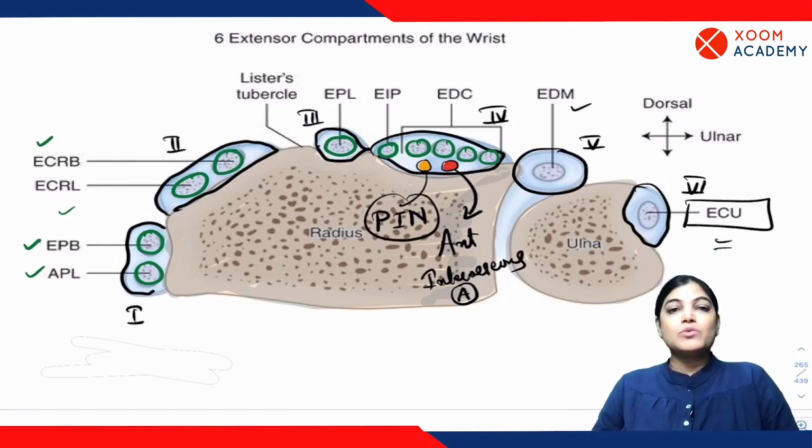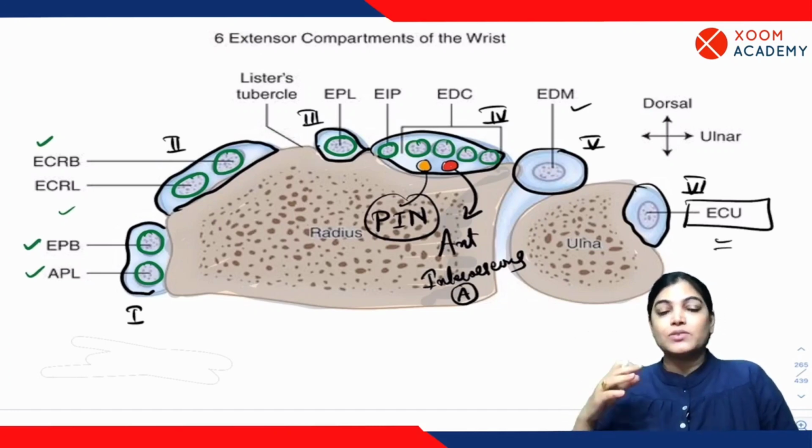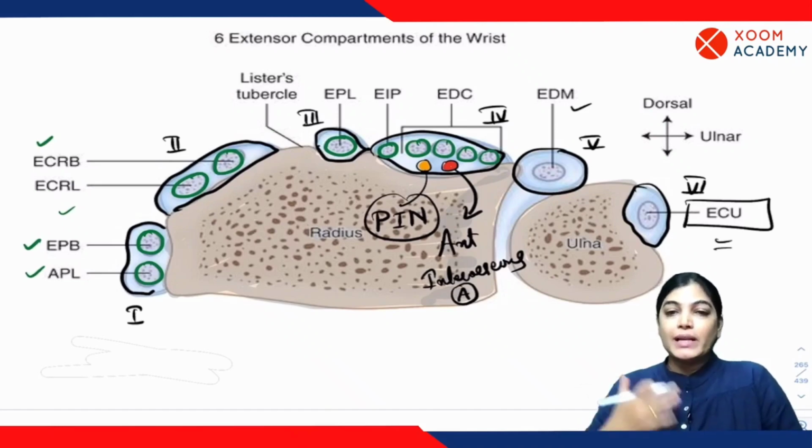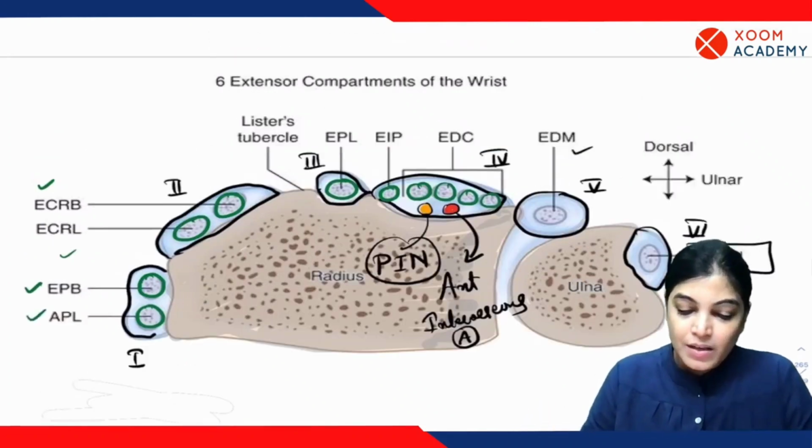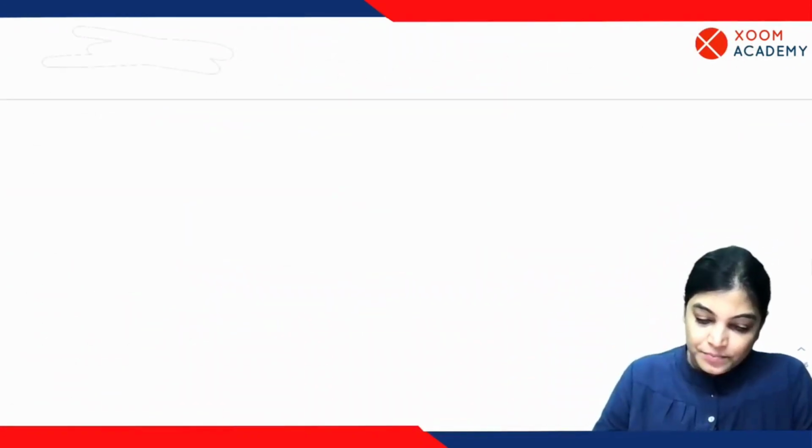So, this diagram is showing you all the tendons passing through the extensor compartments, individual tendons. It is very easy to understand: the muscle tendons on the lateral side, towards the thumb, are going laterally, and through the medial aspect we have got the extensor carpi ulnaris and the extensor digiti minimi muscle tendons. So, please write on that.